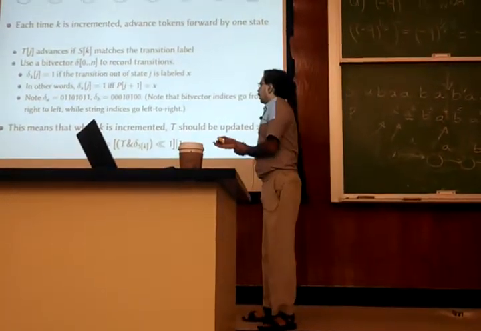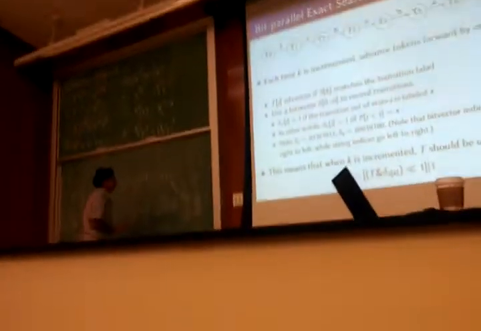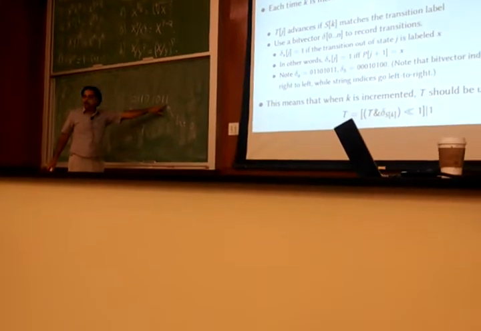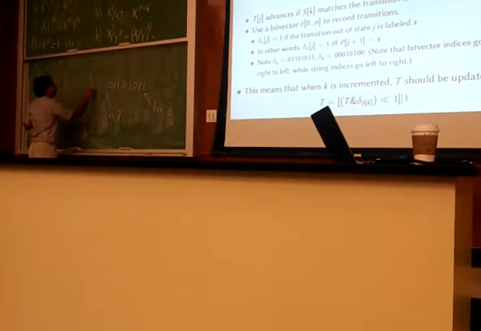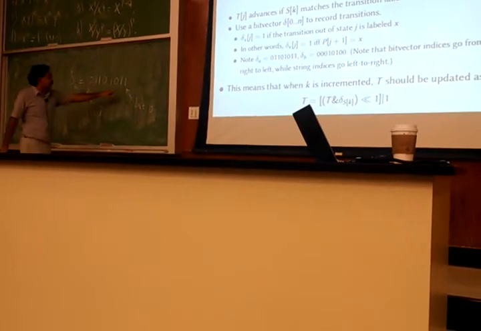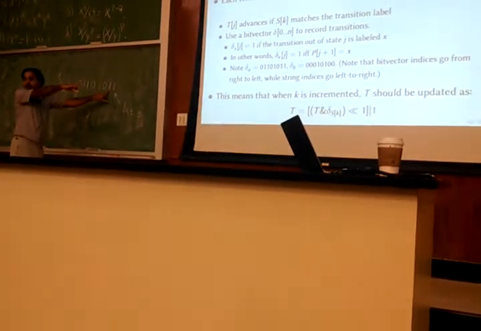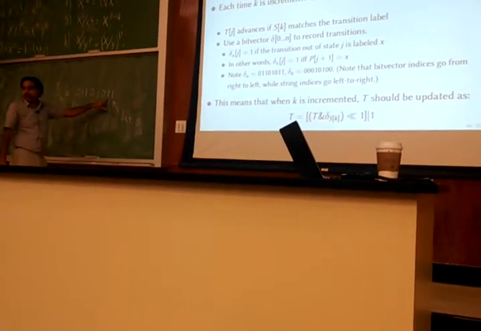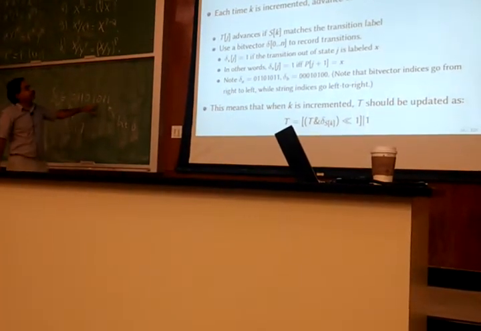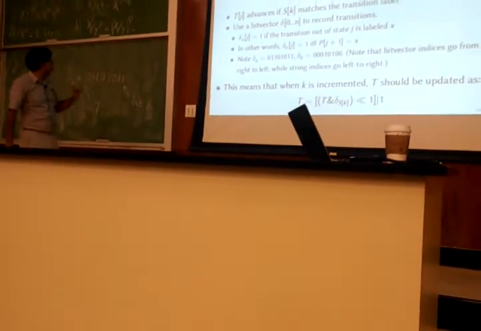Let's understand why this is. What this means is that state 0 can advance on A, because this is delta A. State 0, the match can advance on A. State 1, again, look at the automaton: from state 1 you can advance on an A. And state 2 has a B, so obviously you cannot advance a match for A on state 2.